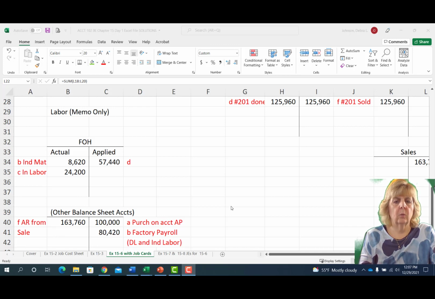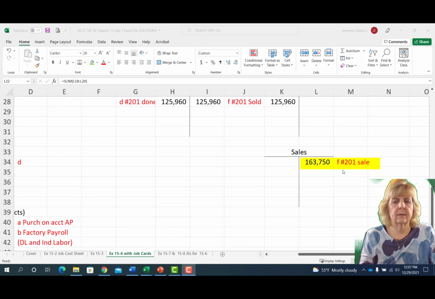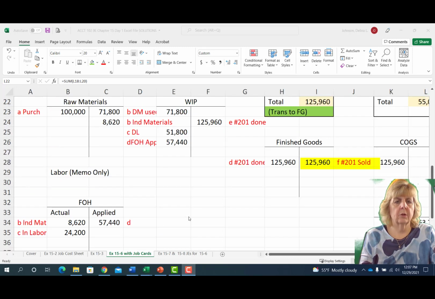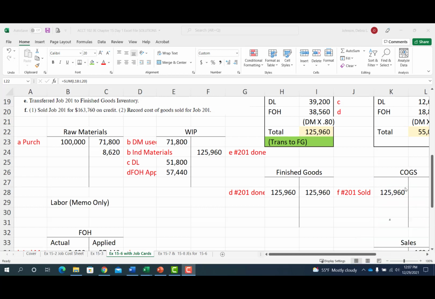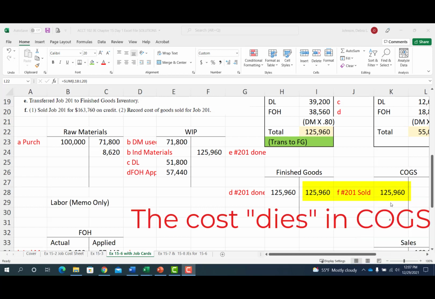And the credit would have been recorded as sales. The second part of that journal entry is the transfer of cost out of finished goods and into cost of goods sold. Once the job has hit cost of goods sold, the cost is now dead.